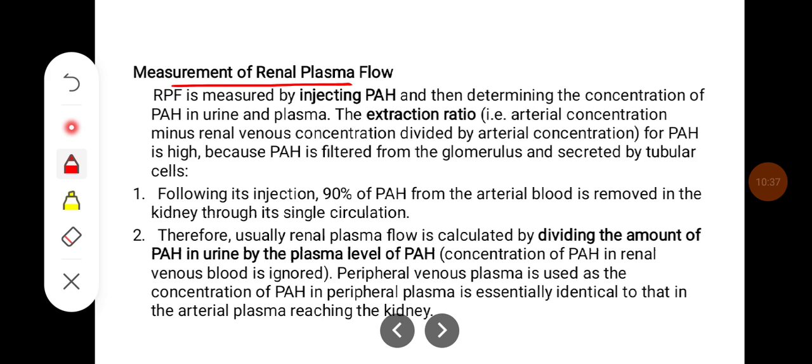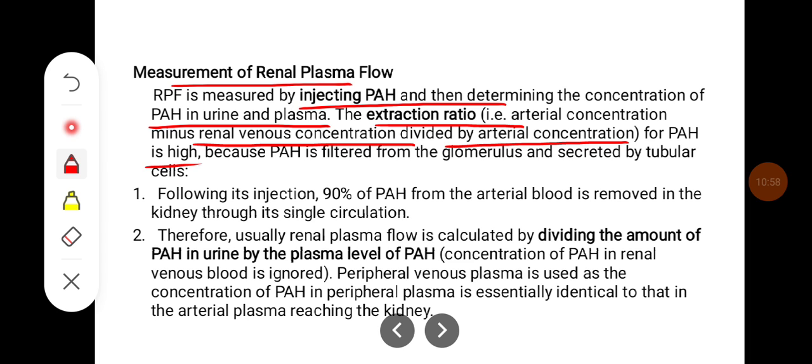Measurement of renal plasma flow. Renal plasma flow is measured by injecting para-aminohippuric acid, then determining the concentration of PAH in the urine and plasma. The extraction ratio, that is the arterial concentration minus renal venous concentration divided by arterial concentration, for PAH is high.